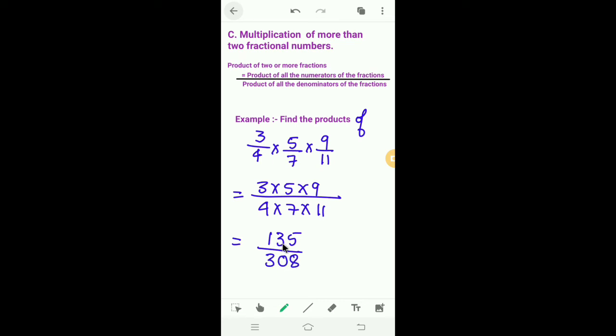So the answer is 135 by 308. This fraction is proper fraction. So no need to convert into mixed numbers.